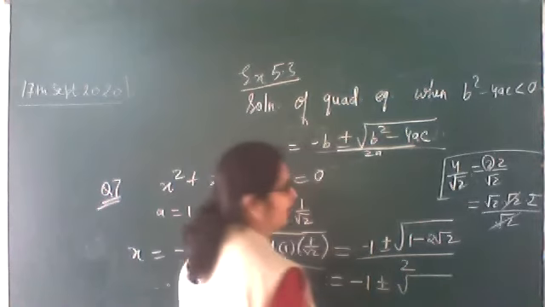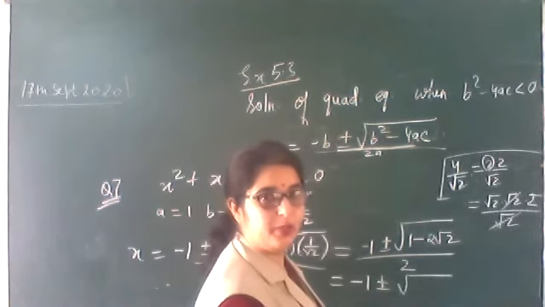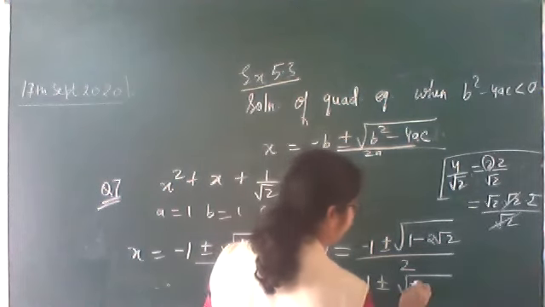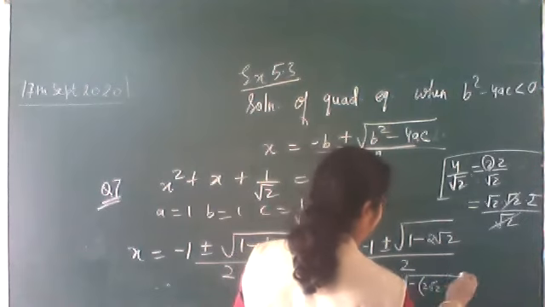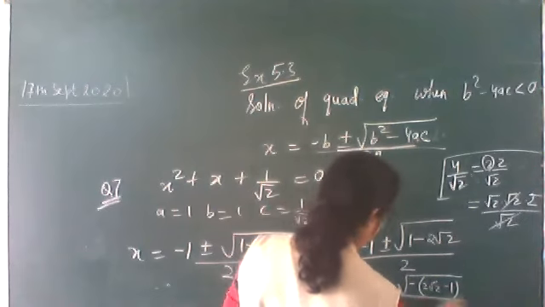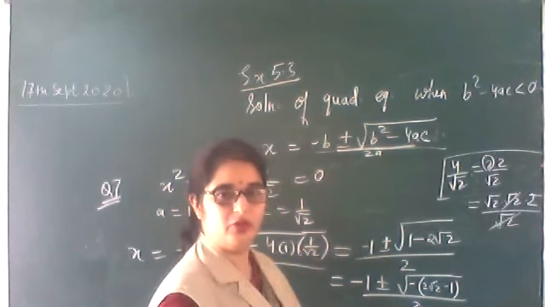Now here we are not getting any negative sign. So we will bring the negative sign. How? Take minus sign common. So what you will get? Minus of 2 root 2 minus 1 whole upon 2. Is that clear? Whole upon 2.